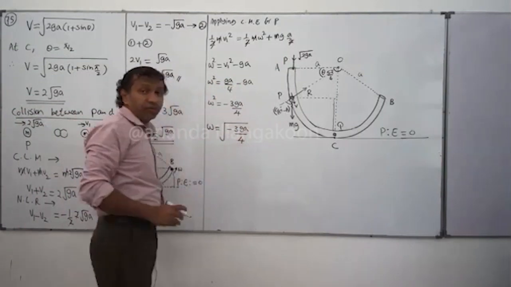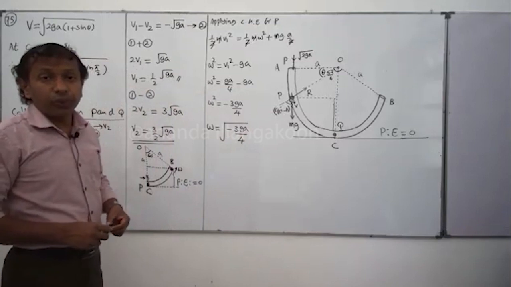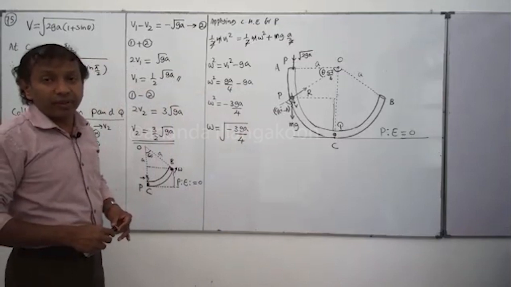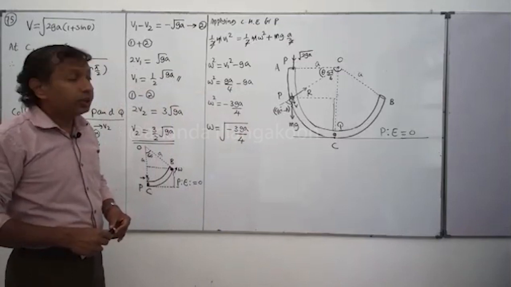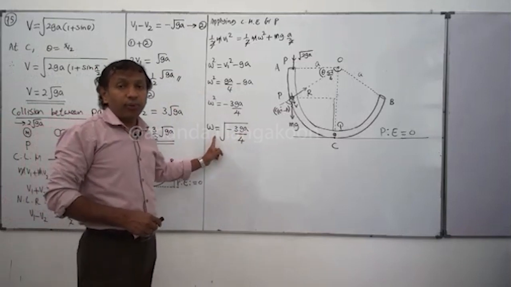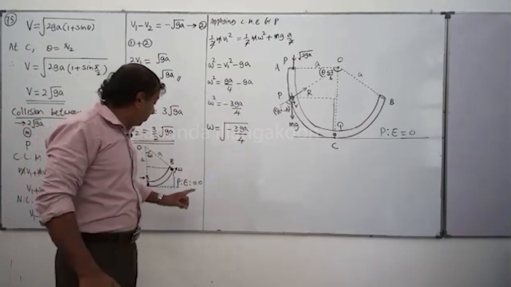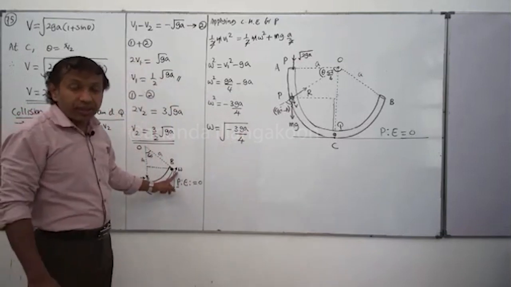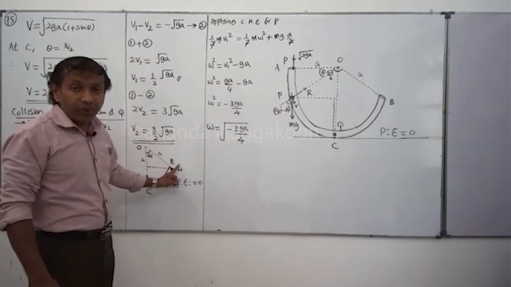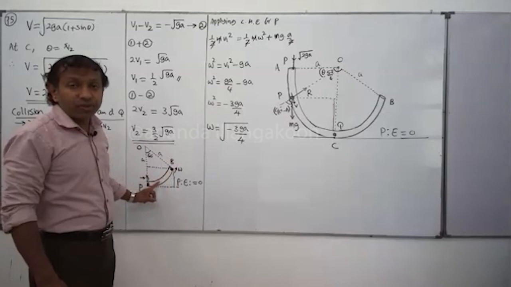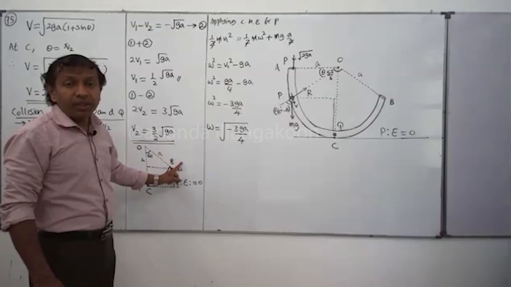You know, we can't find the square root of a negative value. That doesn't exist in real numbers. Therefore, we say this W does not exist. Such a W velocity does not exist. In the sense, when P reaches the point B, P does not have a real answer for its velocity. That means the rising of particle P to the level of B does not exist.